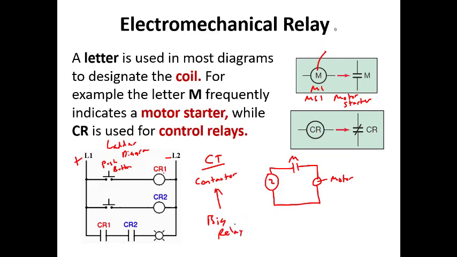So it's a relay, it has the same parts, but it's designed for more current. And so we'd use these to turn on things that are running at higher voltage, higher power, things like industrial motors, industrial heaters, HVAC systems, compressors, things like that.